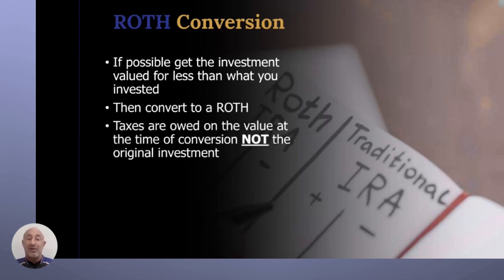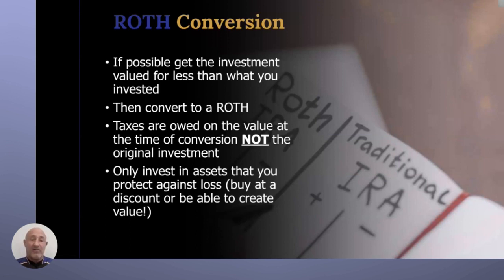Taxes are owed on the value at the time of conversion, not the original investment. It's very important that you understand that, because you could significantly minimize any tax liability moving money from a traditional to a Roth if you're able to use some of these techniques. Only invest in assets that you can protect against loss, buy at a discount, or be able to create value.